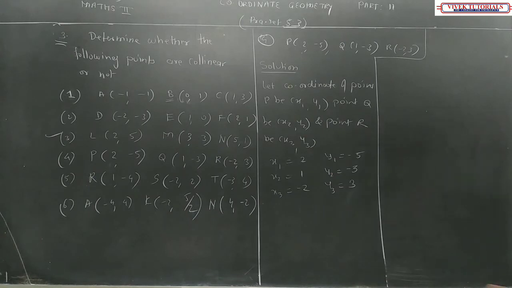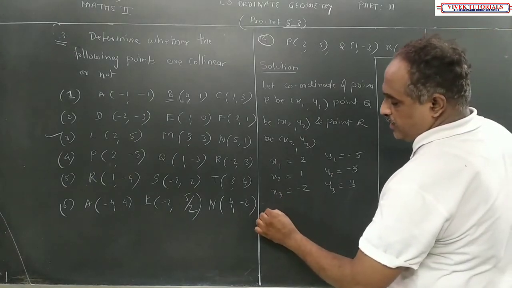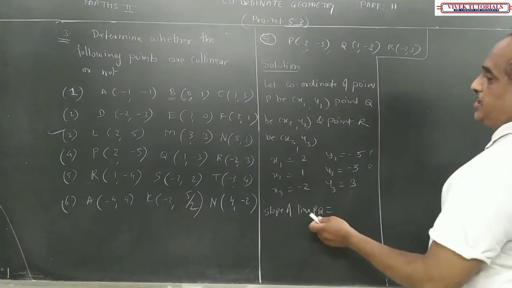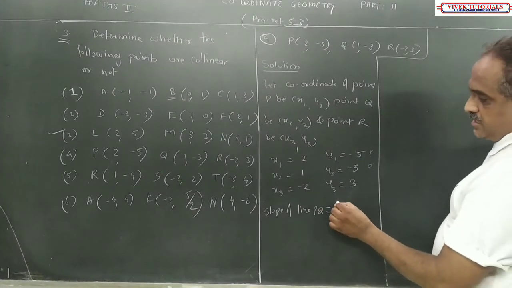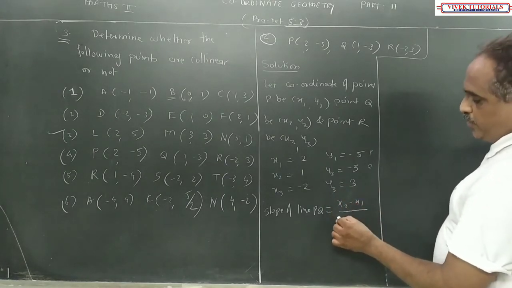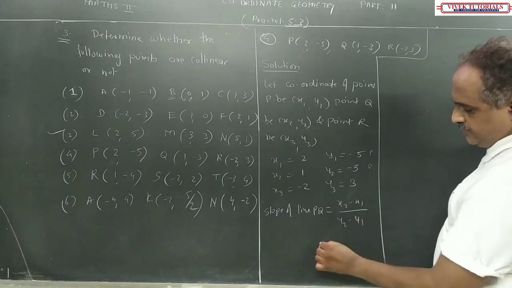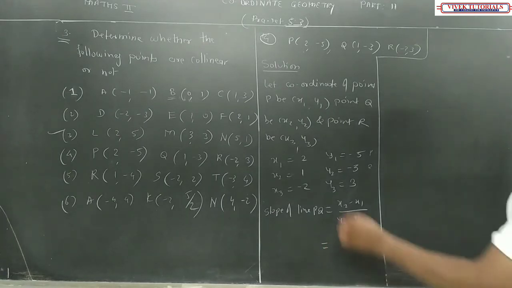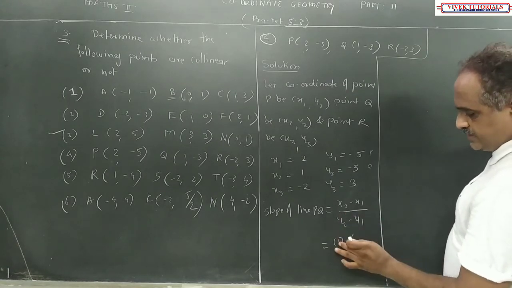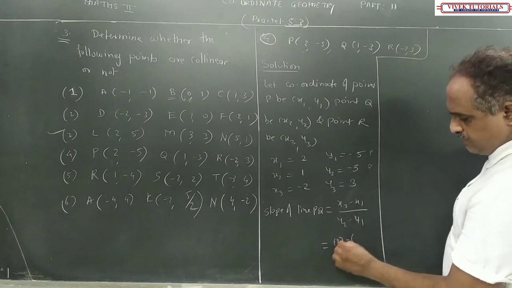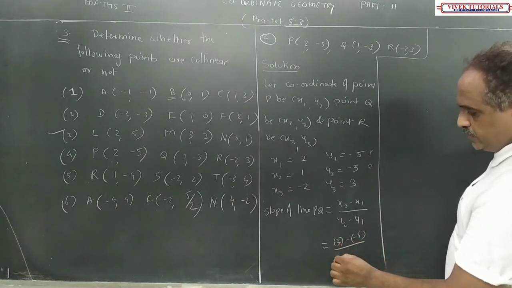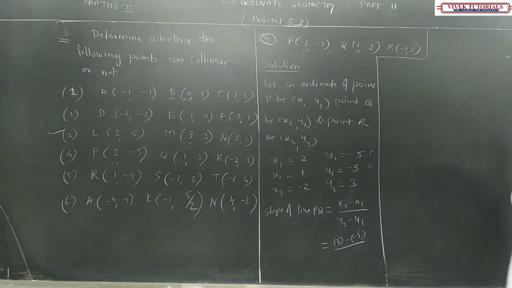Now in this case we are going to use the slope formula. So the slope of line PQ is x2 minus x1 upon y2 minus y1. Sorry, I made a mistake over here.